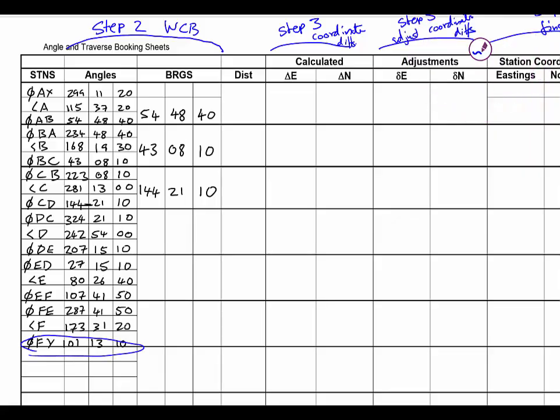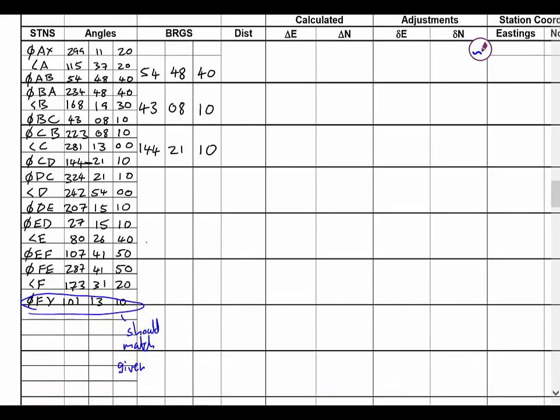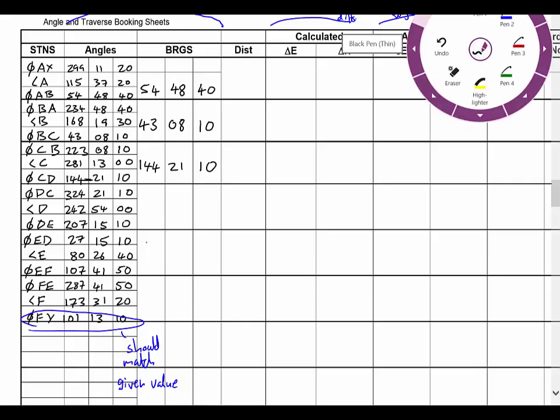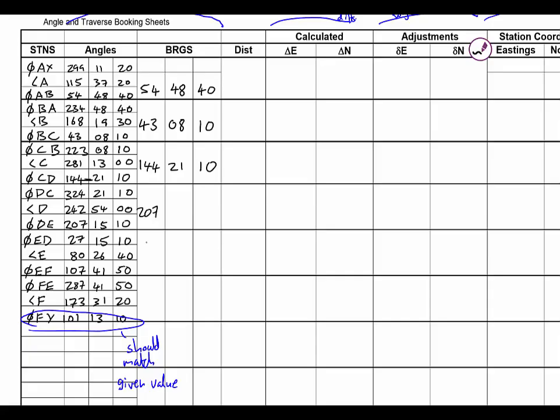This should match the given value. If it doesn't, it's highly likely you've made a mistake in your angular misclosure, so you'd have to go back and check your angular misclosure and distribution of misclosure. So I'll take across those forward bearings.